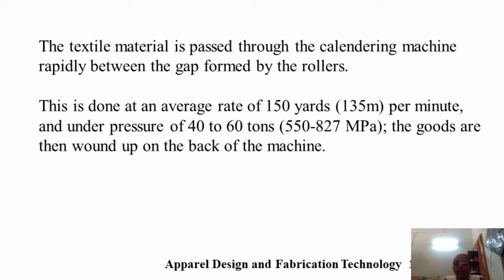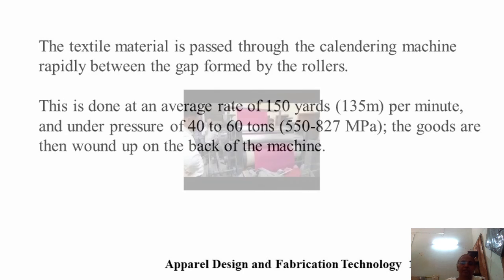This is done at an average rate of 150 yards, that is 135 meters per minute, and it irons under a pressure of 40 to 60 tons. The goods are then wound up on the back of the machine.